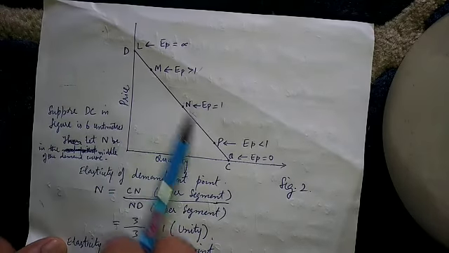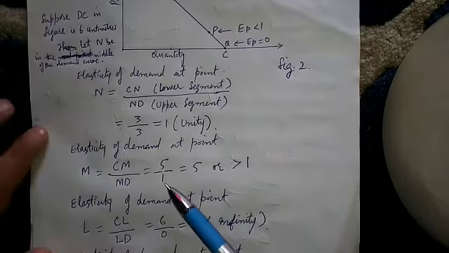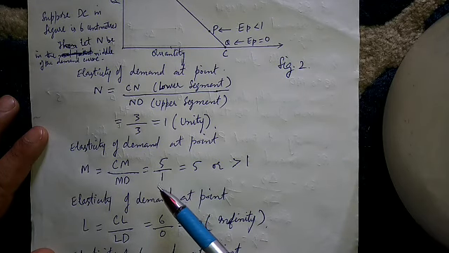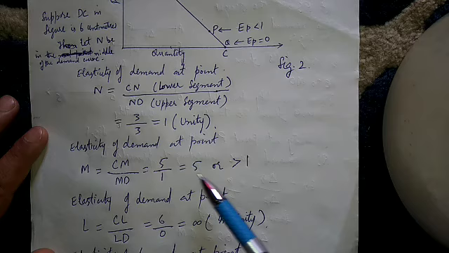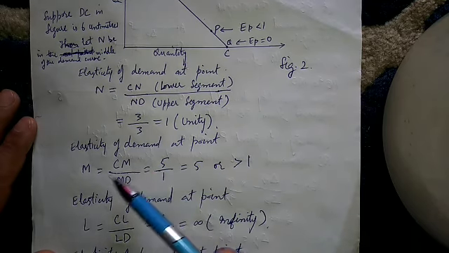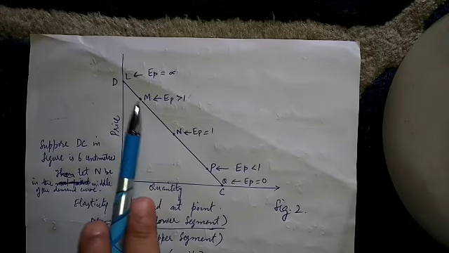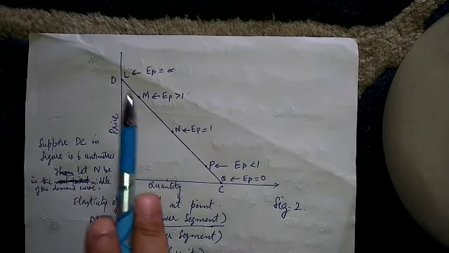That means elastic demand here is 5, which is greater than unity. Elastic demand at point M is greater than unity.